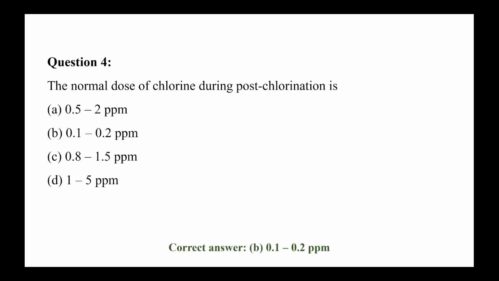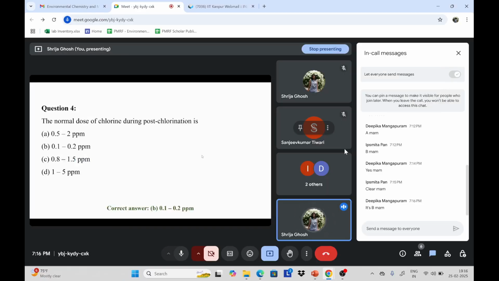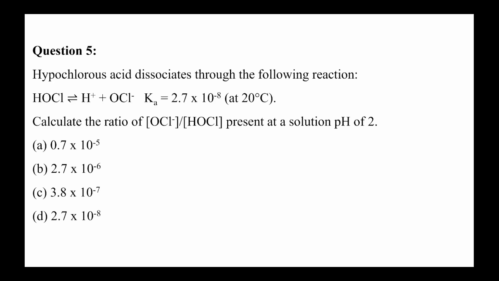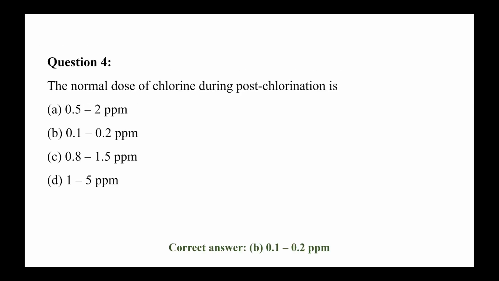So the correct answer is option B. So Deepika is right. 0.1 to 0.2 ppm, that is the normal dose of chlorine during post-chlorination.